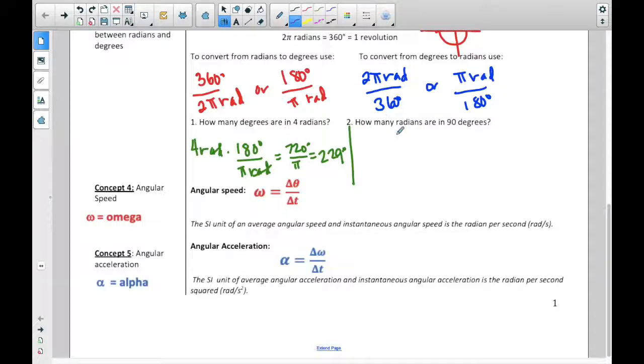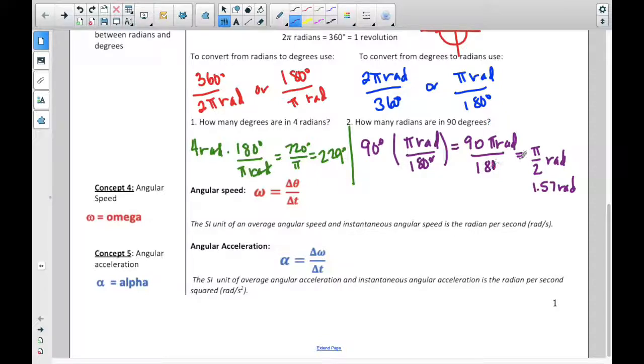The next example: how many radians are in 90 degrees? Well, we're going to use a similar setup. We're just going to use the other fraction and multiply it the other way. So we have 90 degrees, and we're going to multiply it by our conversion rate of pi radians over 180 degrees. So once again, if we have our units up here, we can cancel those units, and so we get 90 pi radians over 180.